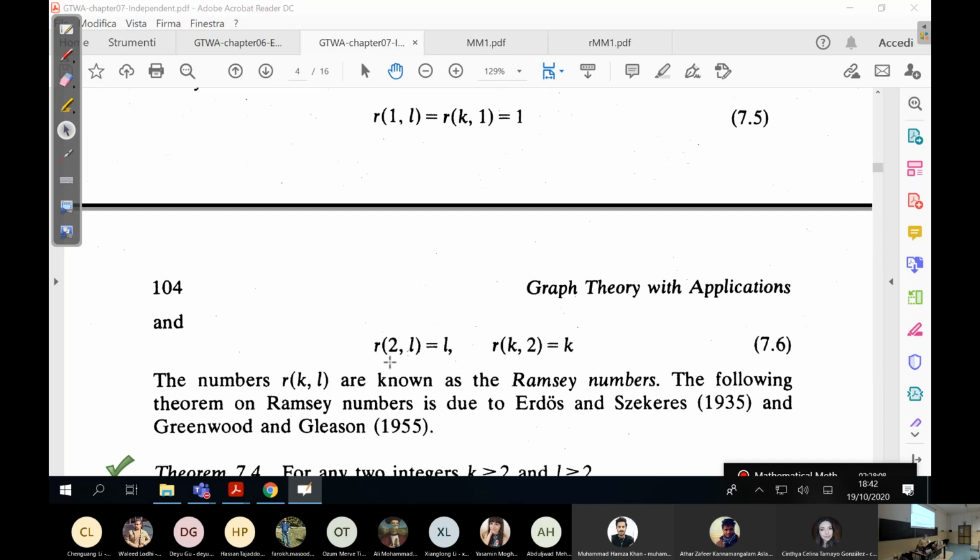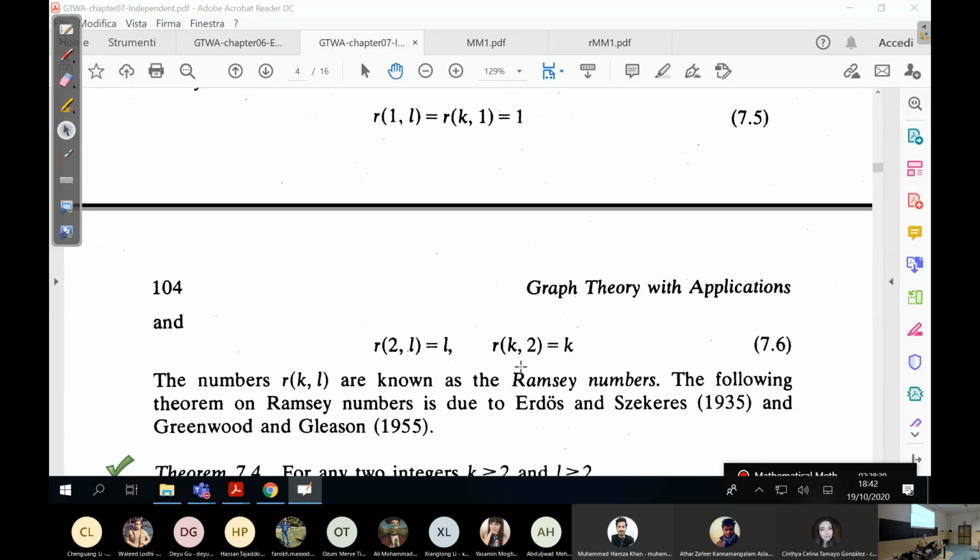Otherwise, there is no clique of 2. It means that you have no edges. But then this graph is empty of edges, and so the set of all vertices is itself an independent set. And R(k, 2) is more or less in the same situation.